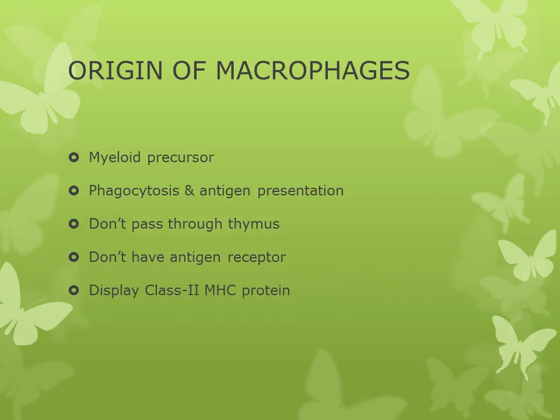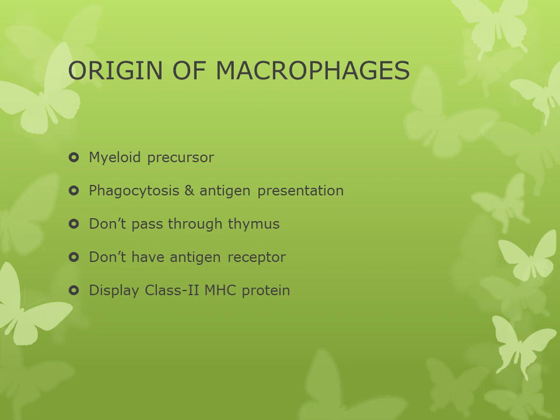Next is the origin of the macrophages. Macrophages differ from the B lymphocytes, T lymphocytes and natural killer cells in that they arise from myeloid precursors, while all the others arise from lymphoid precursors. Macrophages perform two very important functions: phagocytosis and antigen presentation.